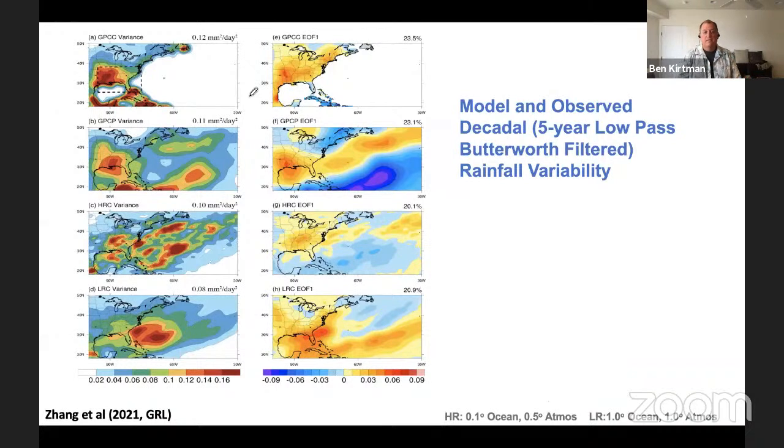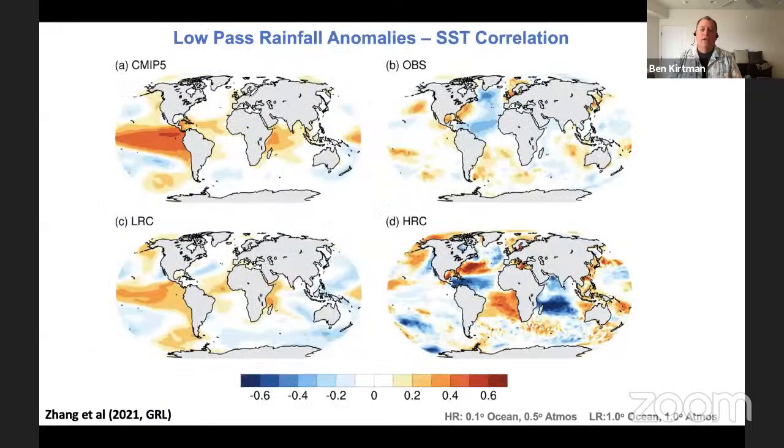The upstream effect, I don't have time to cover this, but it's really nice results that are hot off the press, showing both how variability in the Southeast US has improved with the high resolution model, and also the teleconnections associated with that. This is looking at the low pass rainfall over the Southeast US, and how that's correlated with the global oceans.